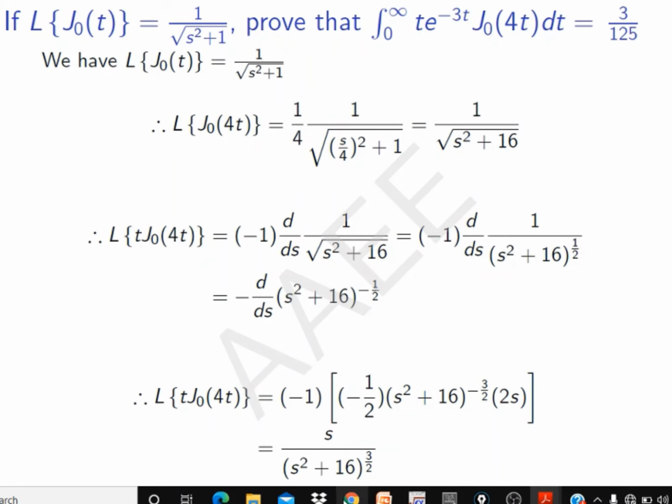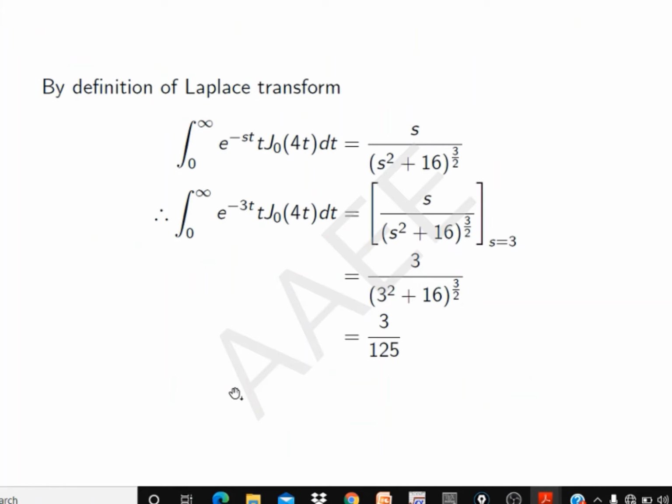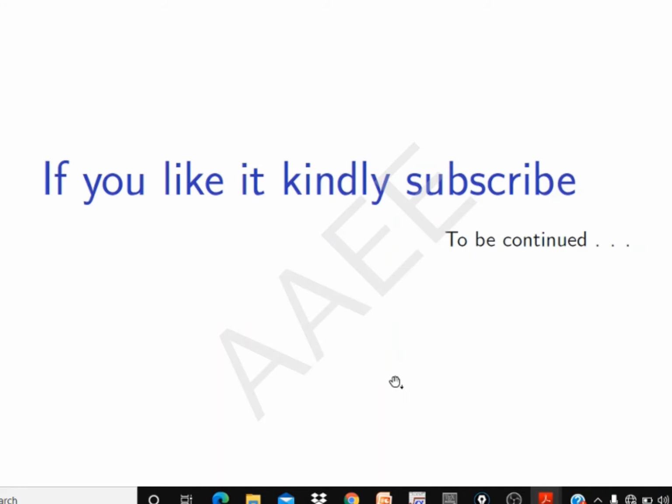The right side stays as it is, and on the left side we use the definition of Laplace transform. But we want e raised to minus 3t, so you are supposed to replace s by 3. That will be 3 upon 3 square plus 16 raised to 3 by 2, and if you work this out, it is 3 by 125, hence the required answer.